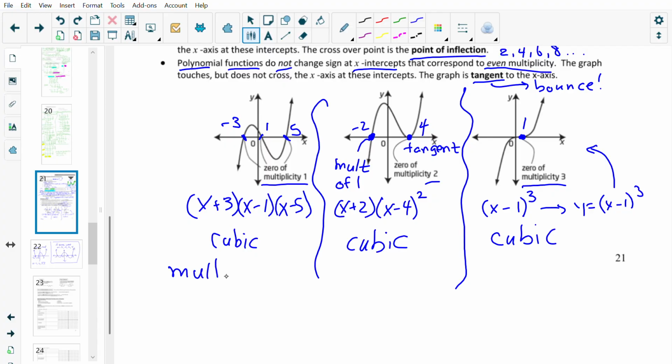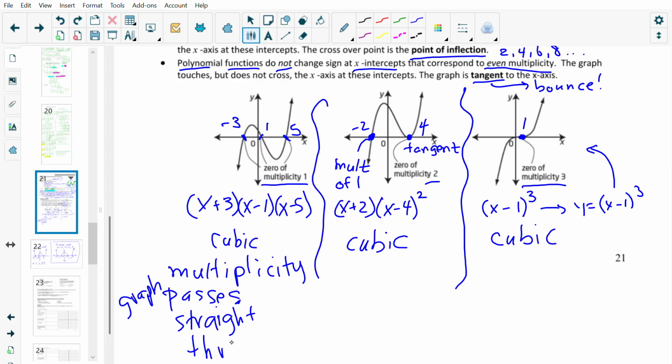So zero of multiplicity 1, the graph passes straight through.